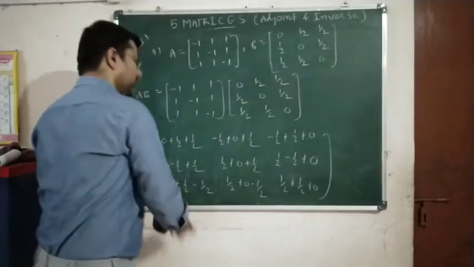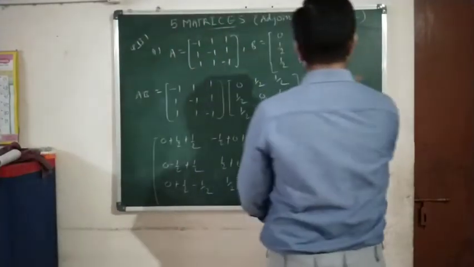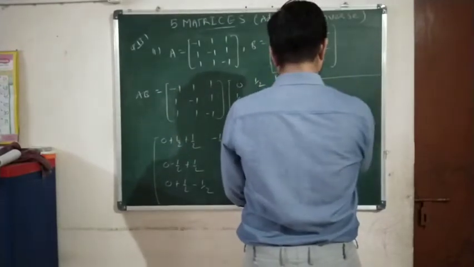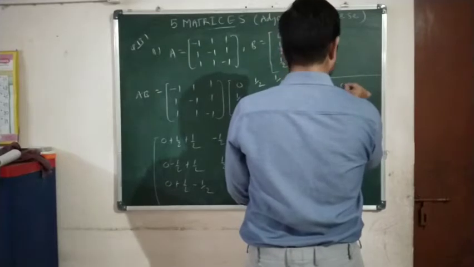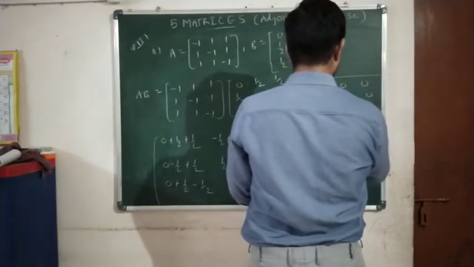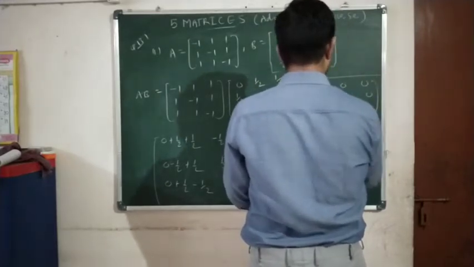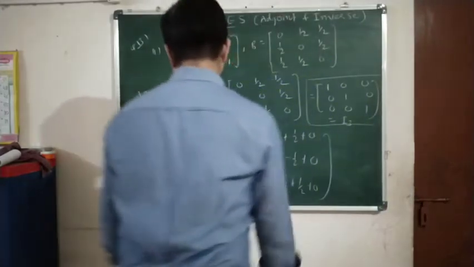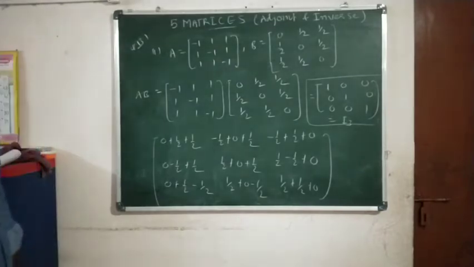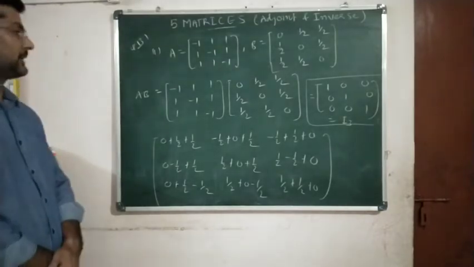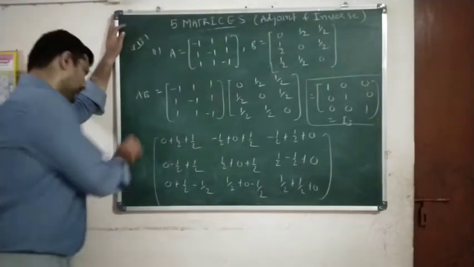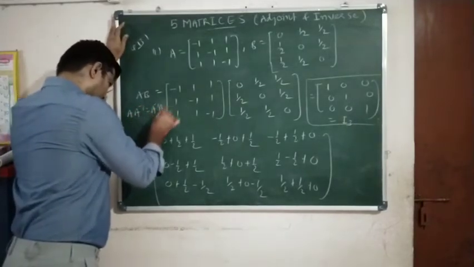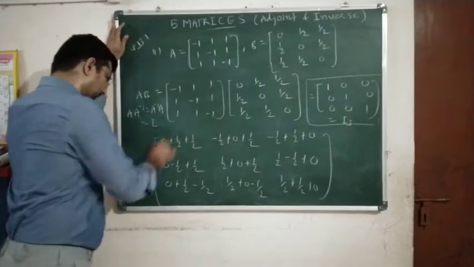So you will notice that we will get 1 0 0 0 1 0 0 0 1, okay, which is equal to I3, and therefore product AB is equal to I3. Okay, so we know that A into A inverse or A inverse into A is equal to I. Yes or no?